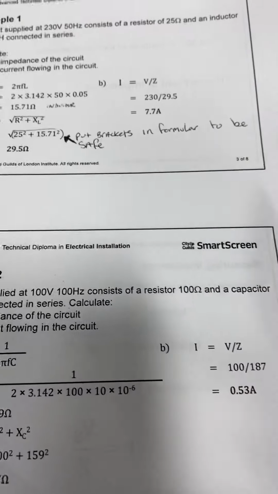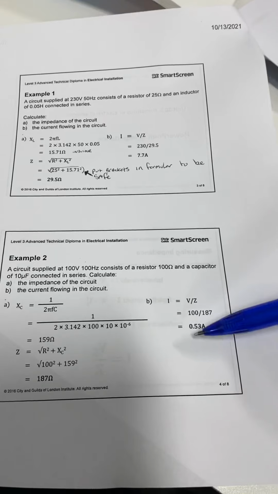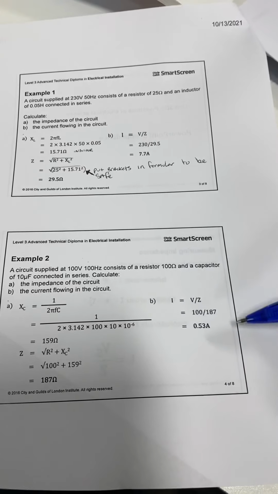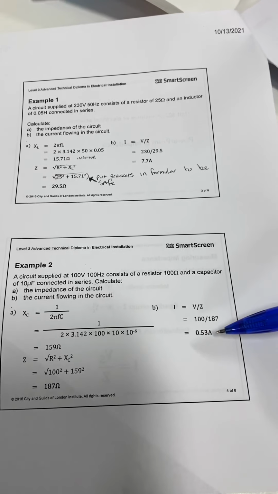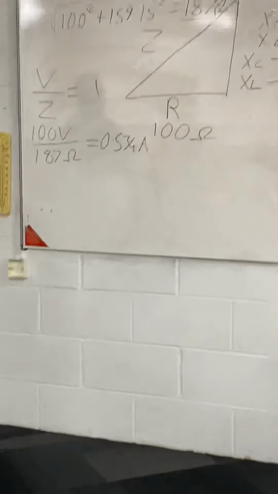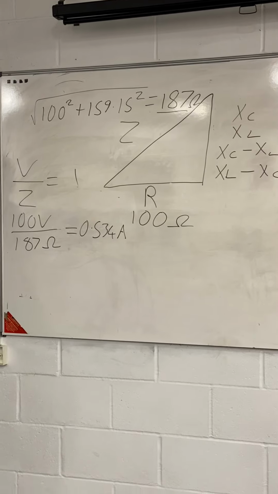So 100 volts divided by 187 ohms equals 0.534. So 0.53 amps. Have you all managed to get that? Yeah. Perfect. Okay. Are you all happy so far?